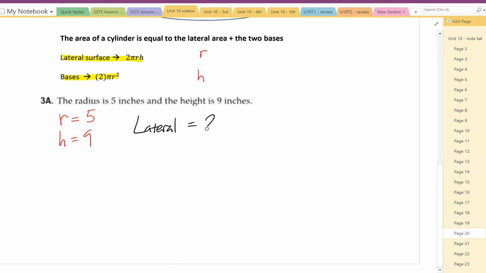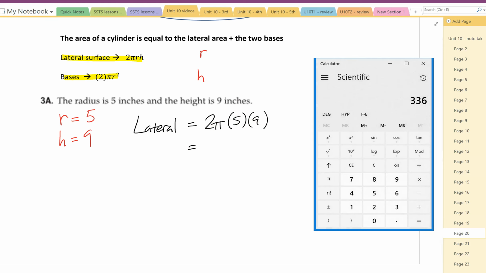That's going to be 2 pi r h. So the radius is 5, the height is 9. Plug those in, and now I just have some multiplication to do. I just have to do 2 times pi times 5 times 9. And there's no reason to do these in separate steps. I don't even have to hit equals between each step.